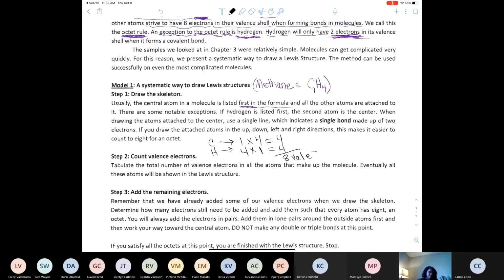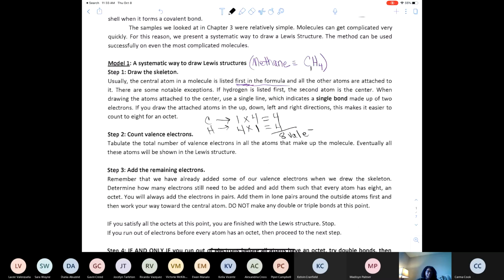So now we can draw our skeleton structure for our Lewis structure. Our carbon is our central atom. So we're going to attach the 4 hydrogens to the central carbon via a single line, which indicates a single bond. And that's our covalent bond.